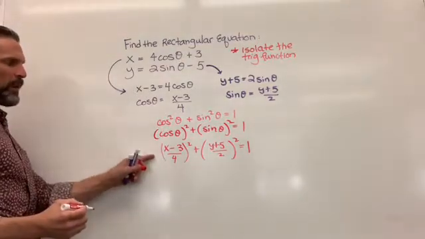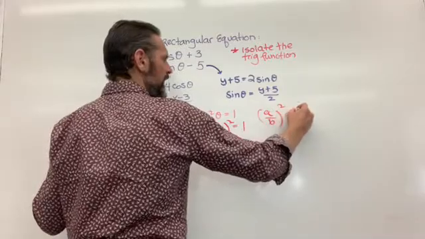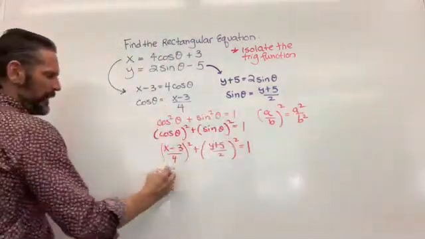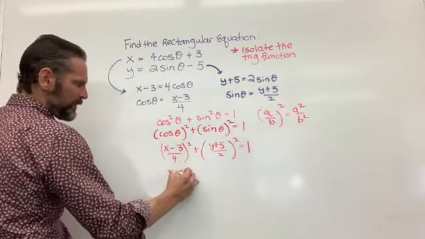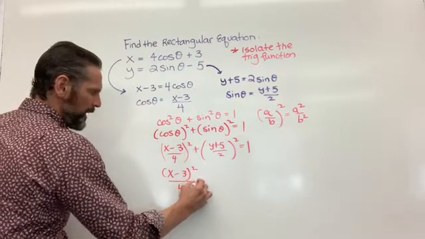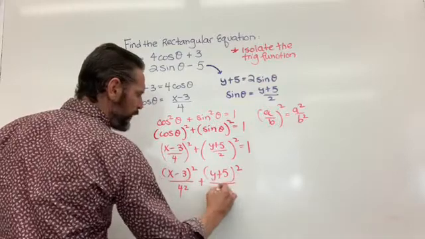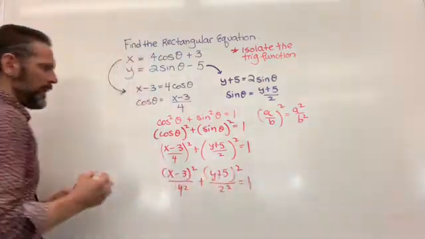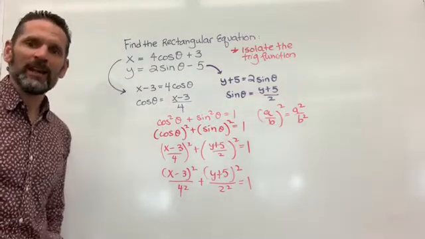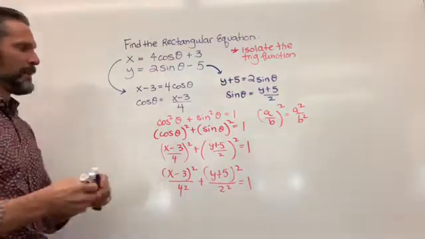If I square the numerator and square the denominator, using the algebra rule that a over b squared is a squared over b squared, this turns into x minus 3 squared over 4 squared plus y plus 5 squared over 2 squared equals 1. There is my rectangular equation.